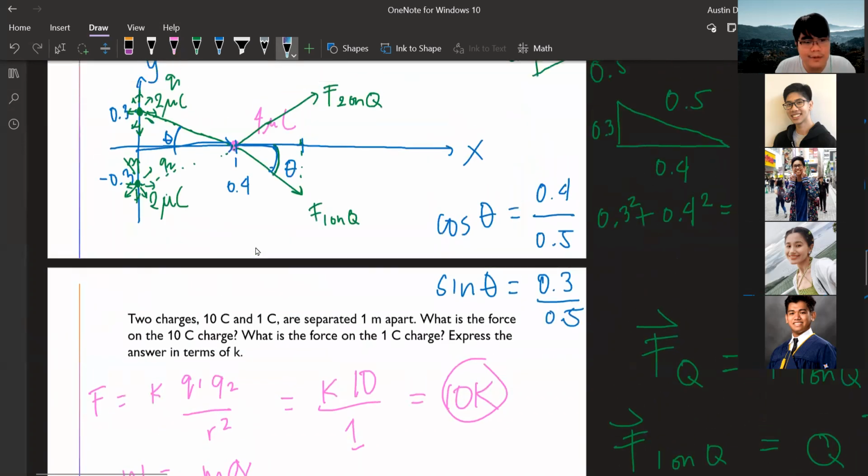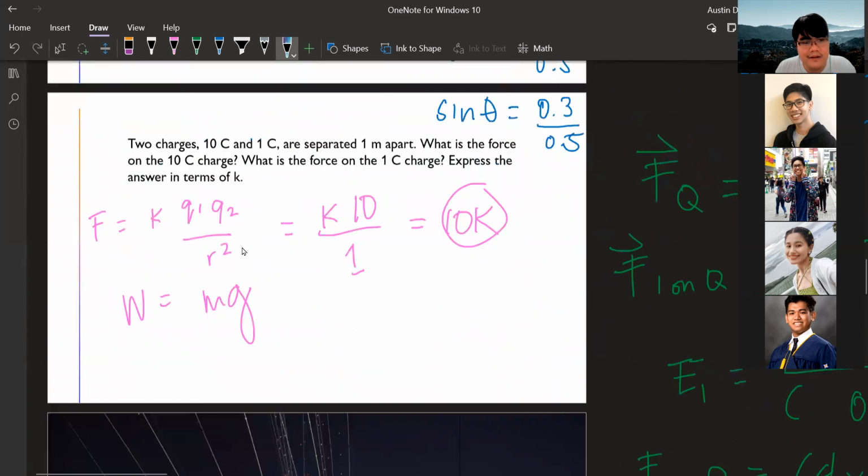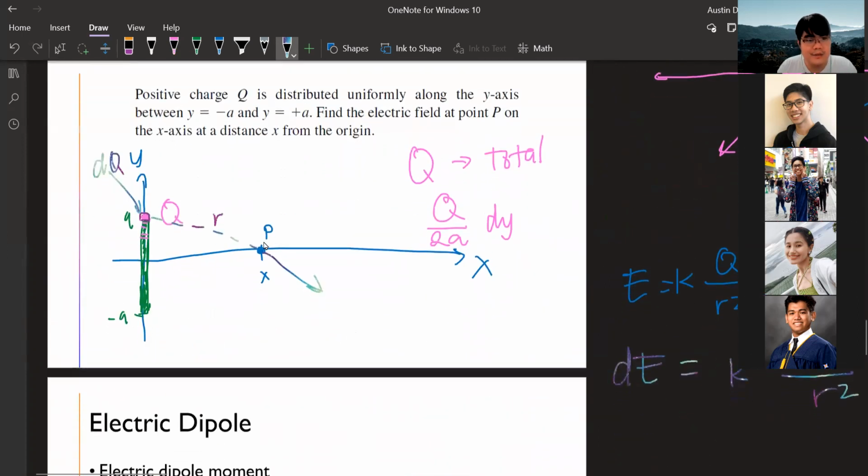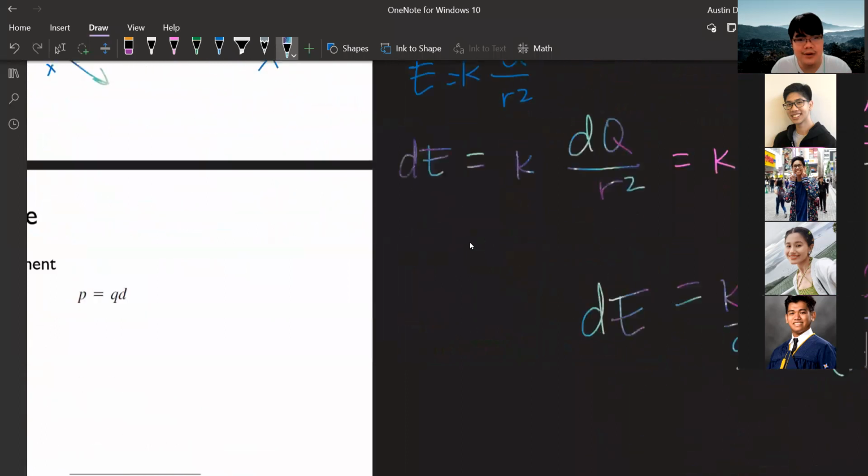Very similar siya sa problem natin kanina. You could see that this small bit actually cancels the vertical part of this guy. And this small bit there, cancel this part, and so on and so forth. Puro magka-cancel yung mga vertical parts nila. So by symmetry, ang matitira na lang would be the x components. Okay? So the x components na lang.